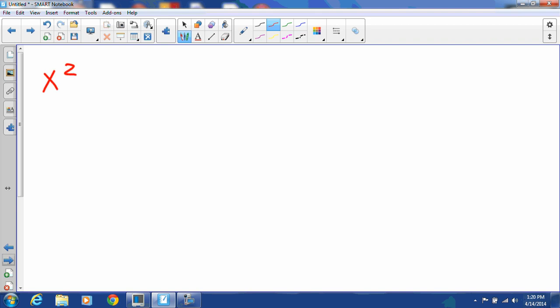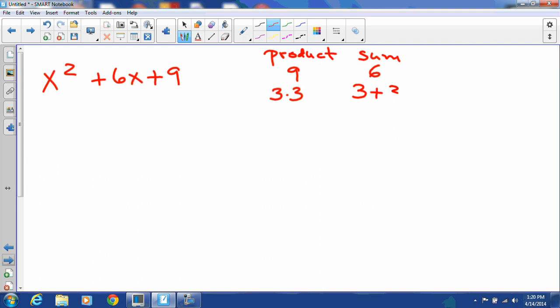Let's look at x squared plus 6x plus 9, excuse me. Again, I'm looking for two numbers whose product is 9 and whose sum is 6. What two numbers do you know whose product is 9 and whose sum is 6? I know that 3 times 3 is 9 and 3 plus 3 is 6.